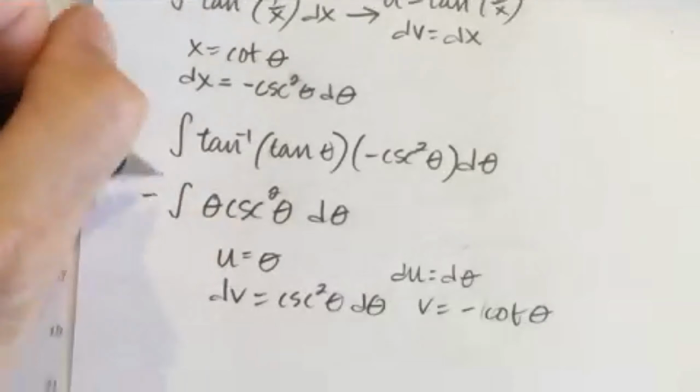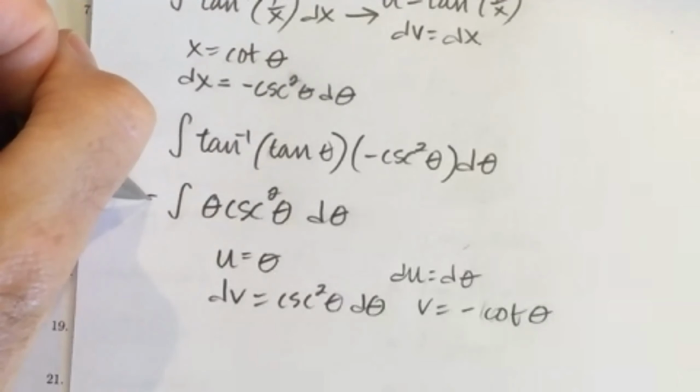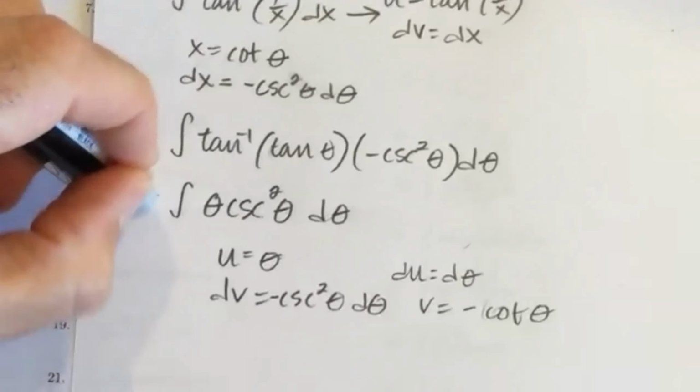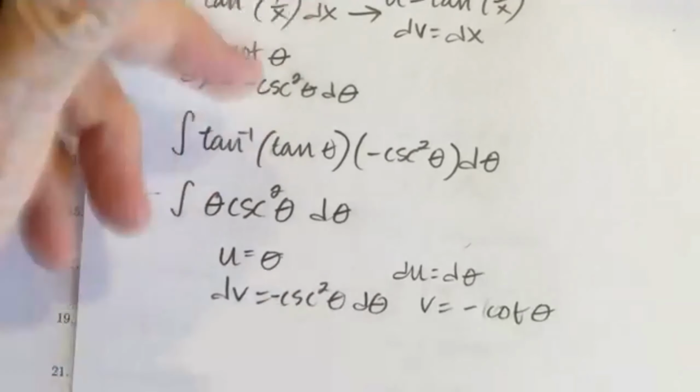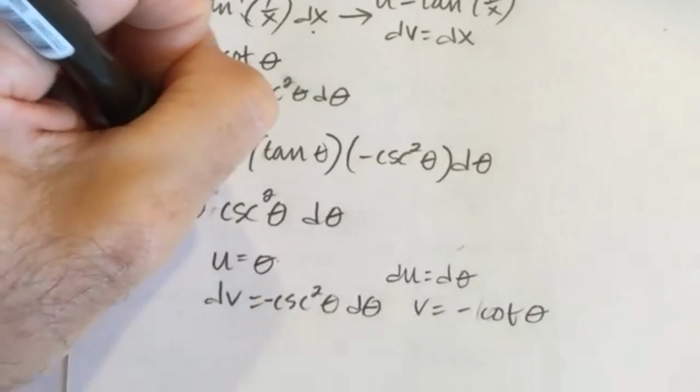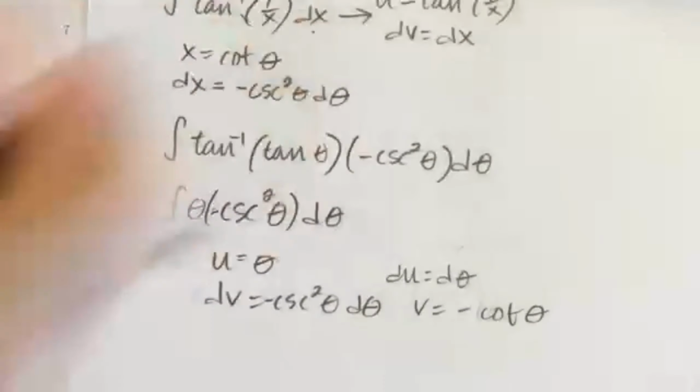So we get, maybe we should put this minus back in here. Put this one back inside, and then we can maybe avoid losing a minus sign somewhere. And then I'm going to make this plus, okay?